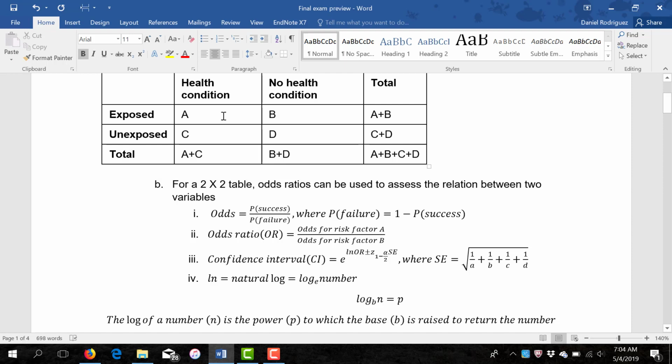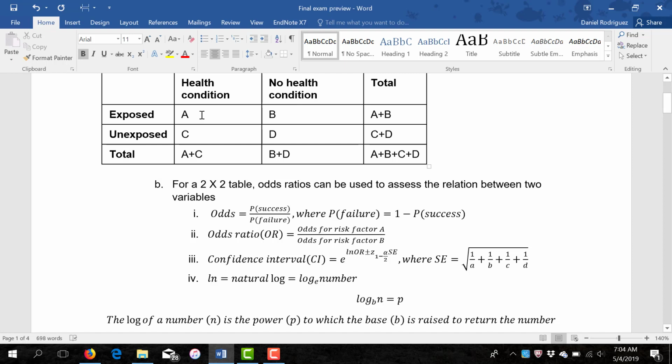So the probability of success would basically be the probability of this outcome divided by the probability of this outcome here, no health condition. We could just do it in terms of frequencies. I'm not going to go into why in this video, but the denominators would cancel out if we were to divide by the totals.